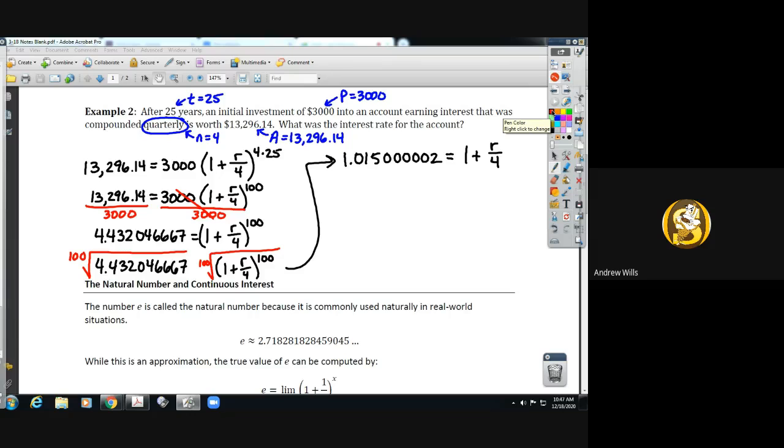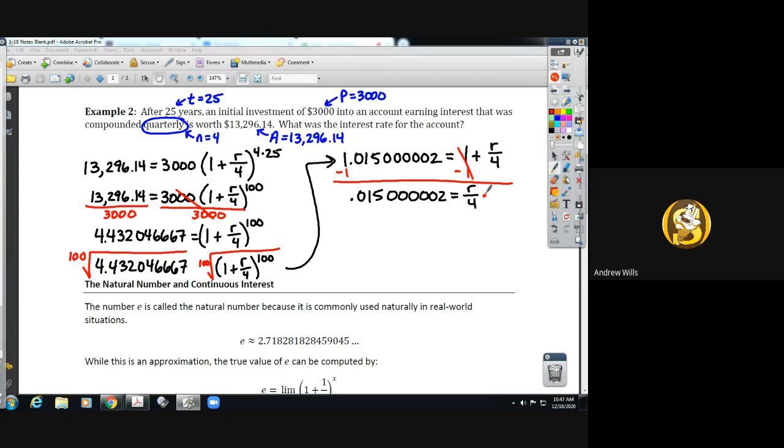Yeah, let's just subtract the 1. Let's just subtract 1 from each side, which would give us 0.015000002 equals r over 4.